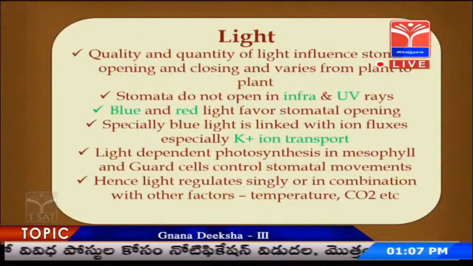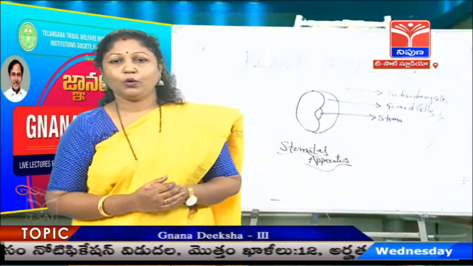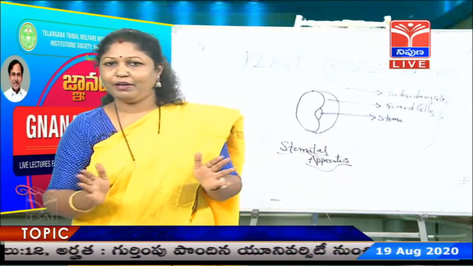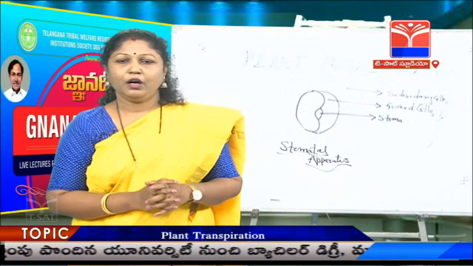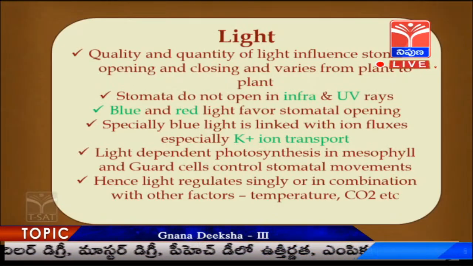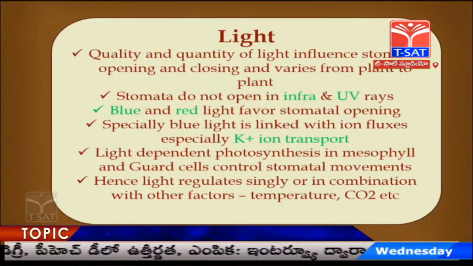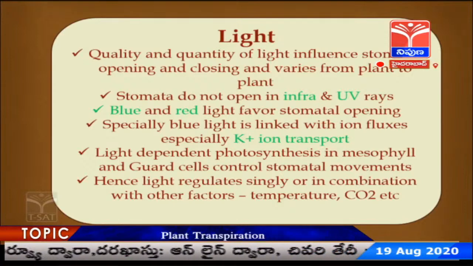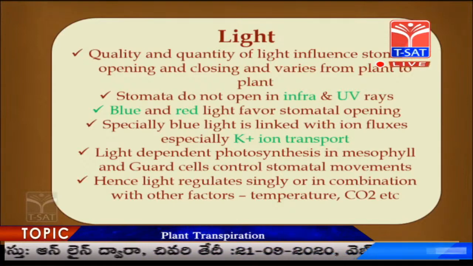Now, let us look into the external factor, the light. The quality and quantity of the light is quite important. You know that in the visible spectrum, among the other spectra, the most favored light for the stomata to open is the blue light. Of course, red light also favors it. If infrared and UV rays are there, stomata will not open.